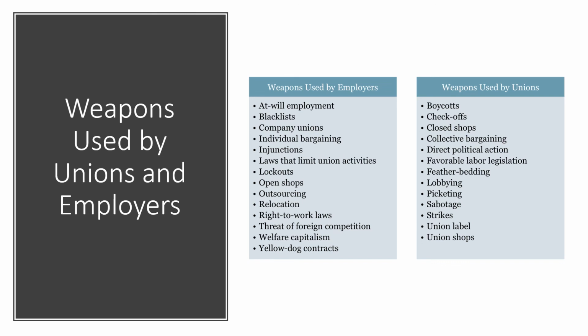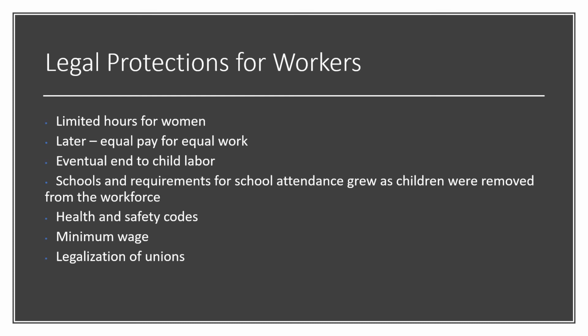Unions can boycott, close shop, collectively bargain, lobby, picket, and strike. It really sets up the conversation that still very much exists today: you're on the employer side or you're on the union, the employee side.